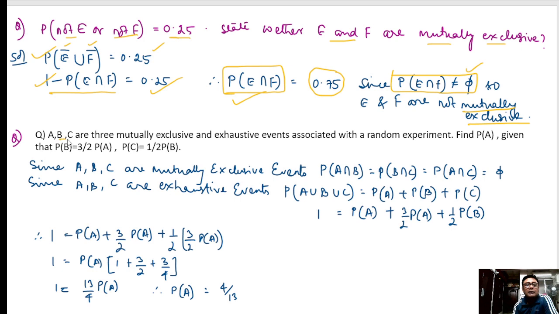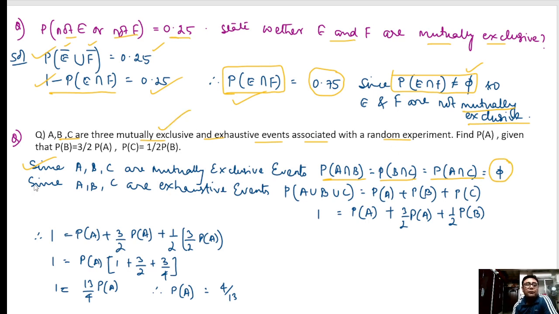A, B, C are three mutually exclusive and exhaustive associated events. So mutually exclusive, that means P(A intersection B), P(B intersection C), P(A intersection C) should be a null set, because they told it is mutually exclusive.